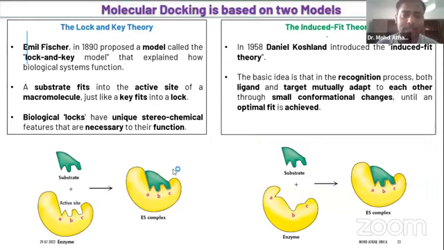Sometimes it's a very rigid binding, and sometimes it's an induced binding. When the substrate binds to the enzyme, there will be a conformational change, and that conformational change will have a biological effect. So we have docking models based on these kinds of binding. Accordingly, based on the biology of the protein target, we can select a docking model and then go ahead with the docking.